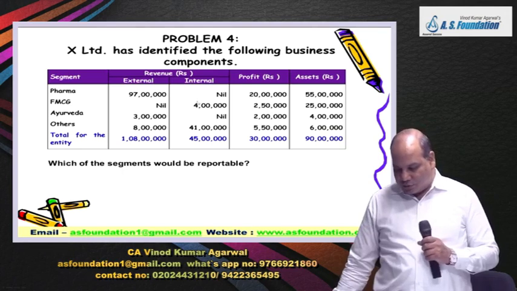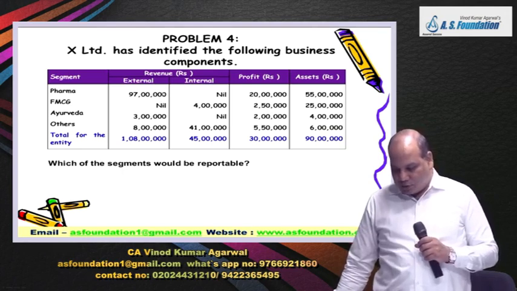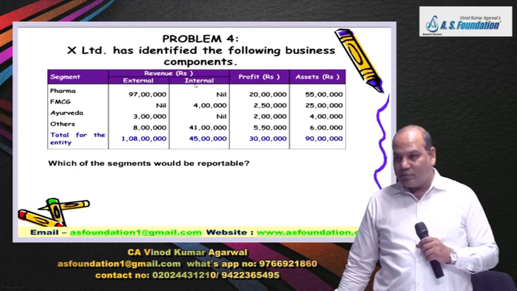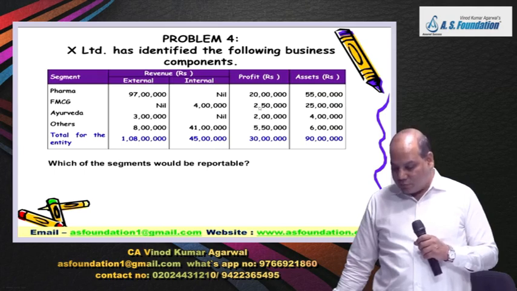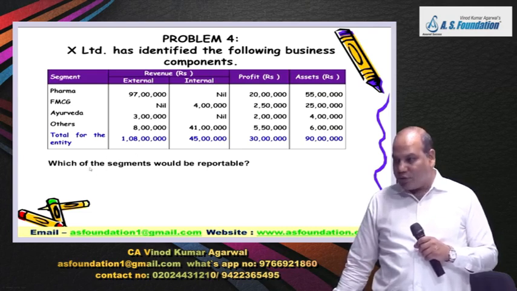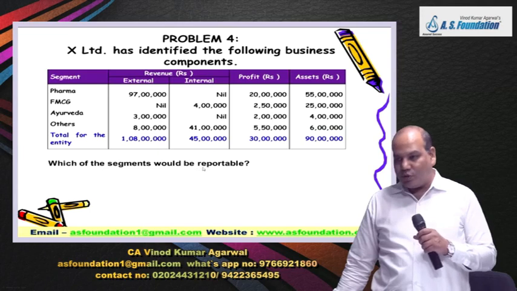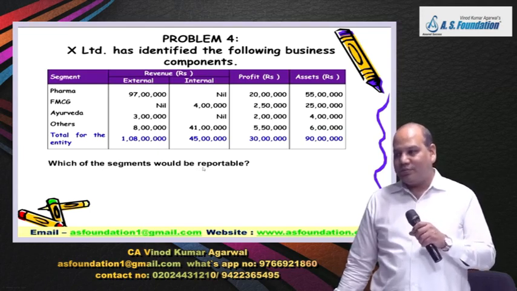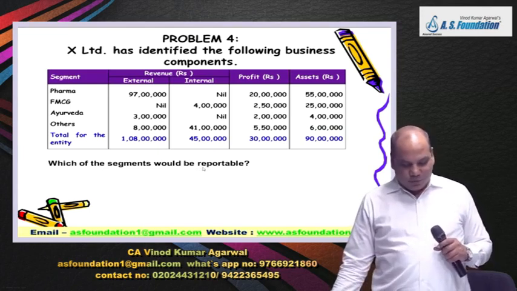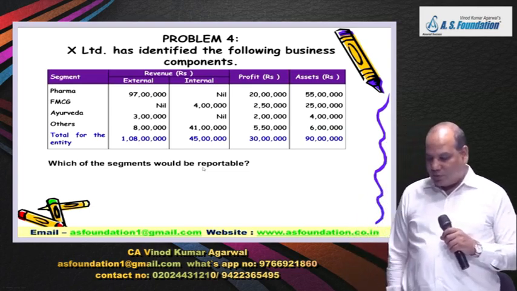Now see, in this question they have given external sale and internal sale, but they have not given the total. So first you will have to take the total of these two and then check 10% of that. Profit is okay, all are in profit, good, and this is asset. Without reading the answer, you have to tell me which of the segments would be reportable.